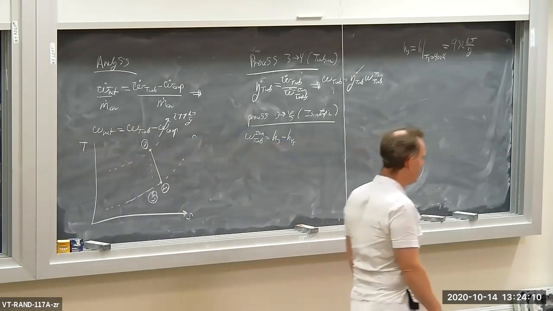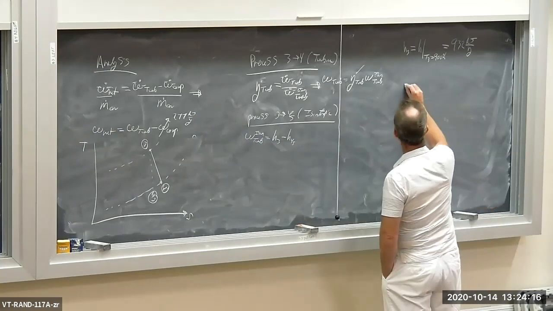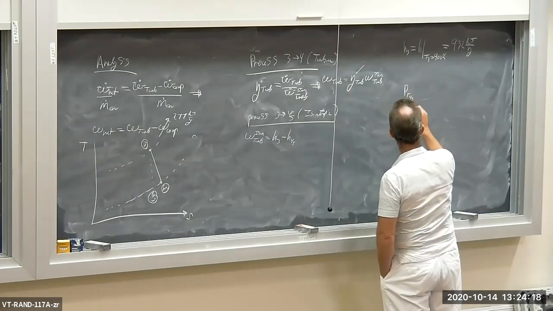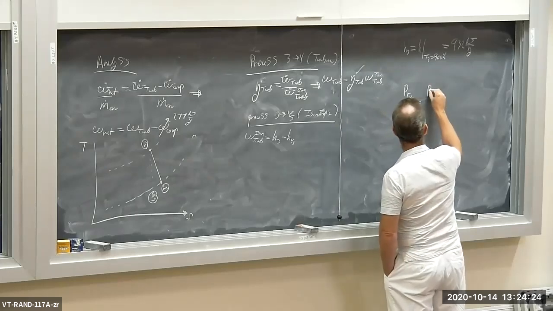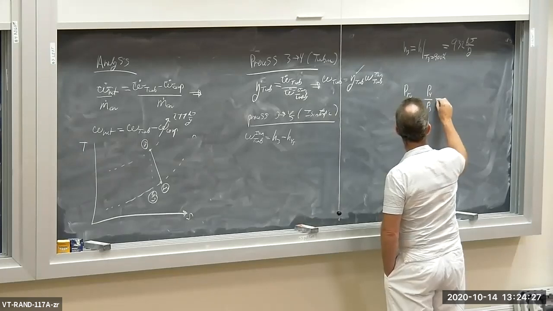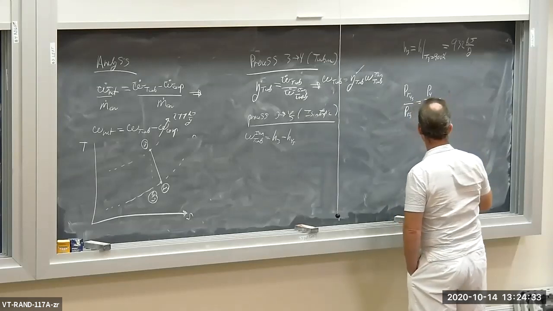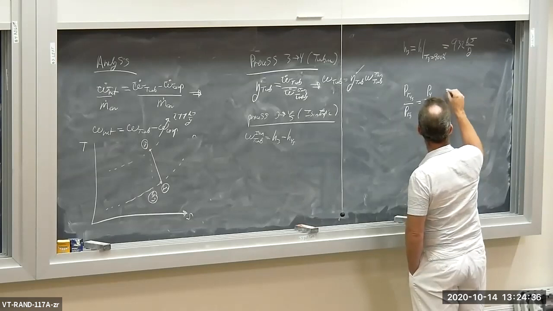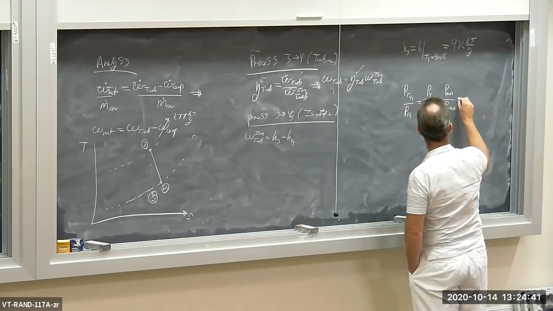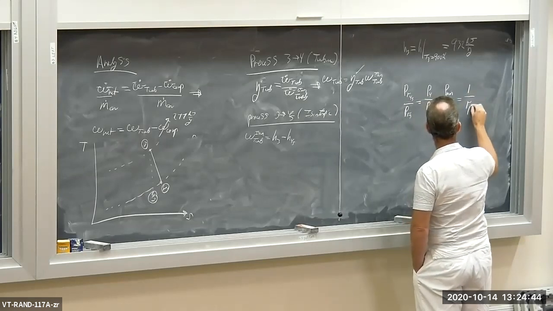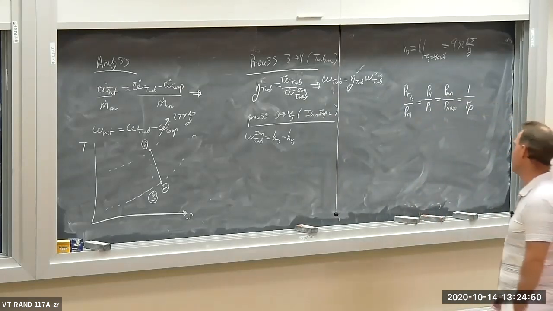H3 I've got, 932. I need H4s. How do I get H4s? Well, PR4s over PR3 is equal to the pressure ratio P4 over P3. P4 is the minimum pressure and P3 is the maximum pressure, so this is 1 over the pressure ratio. Isentropic process.